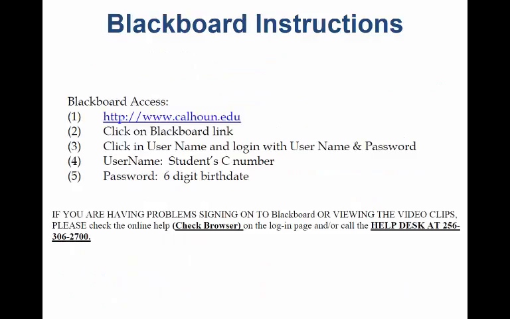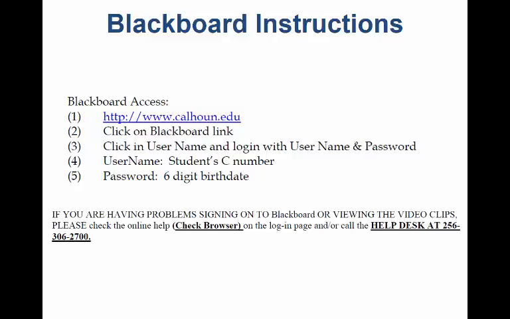Now, in case you need to know how to get into Blackboard, access is through Calhoun. Click on Blackboard, then enter your username, your student C number, and your 6-digit birthday.